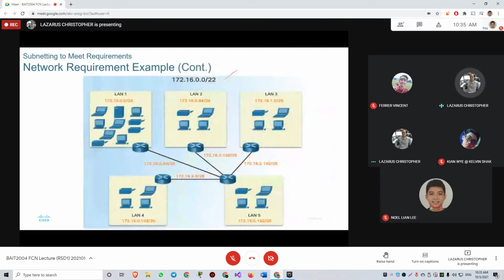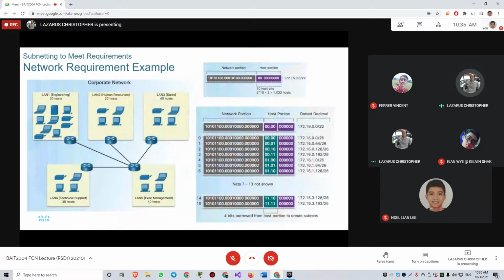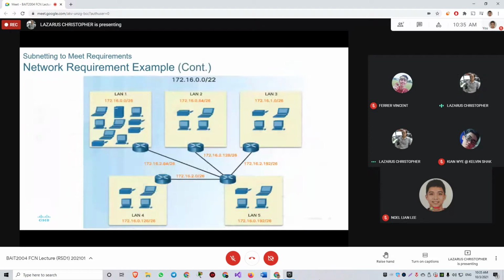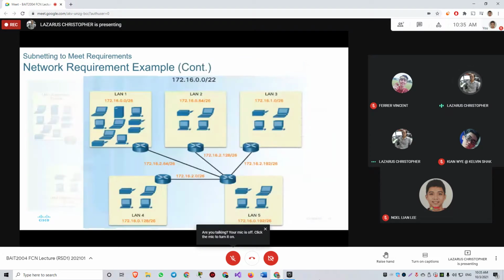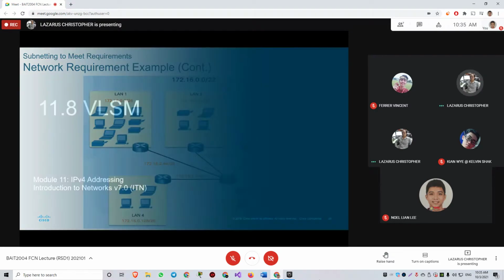Whether required or not, we don't really look at whether this one needs 30, 23, 40, 35, or 10, it doesn't matter. Each of them, after I subnet, gets an equal number of hosts. We're not looking at that, so there will be some where the address will be wasted, right?